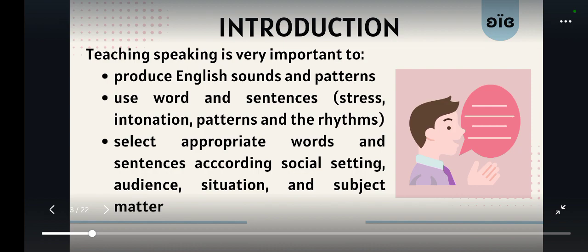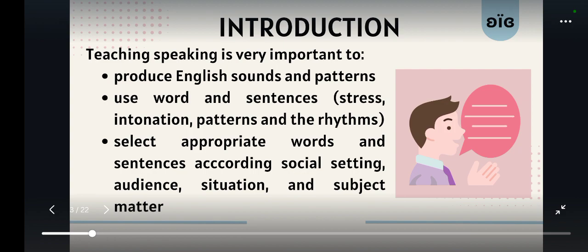Since it's about speaking, there will be sounds that we are going to use in formulating words, and then those words into sentences, and those include the stresses, intonation patterns, and the rhythms. Selecting appropriate words and sentences according to social setting, especially according to a specific audience, situation, and subject matter, is also important in teaching speaking skills.